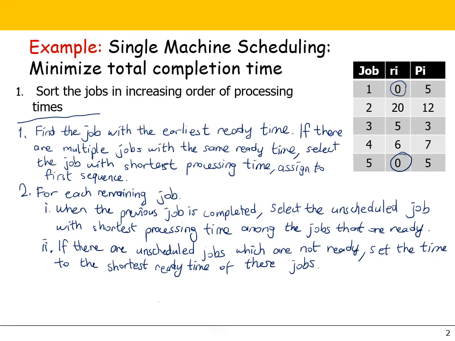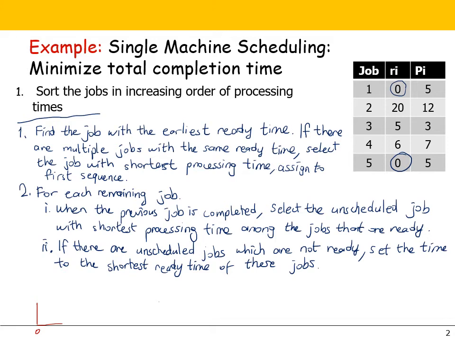According to step 1, again, let this black line be our timeline, and this is time 0, let's say. So according to the first step, the earliest ready time is either job 1 or job 5. And then if there are multiple jobs, it says to select the one with the shortest processing time.